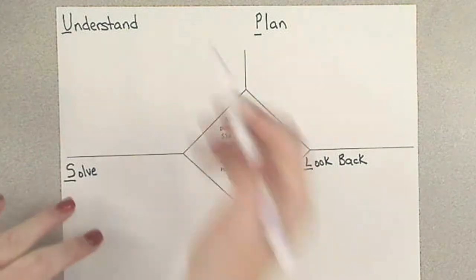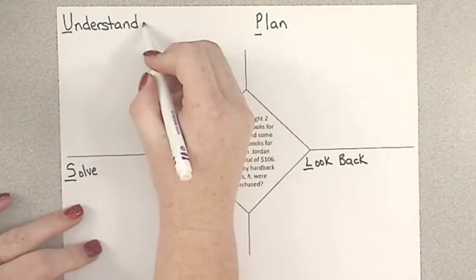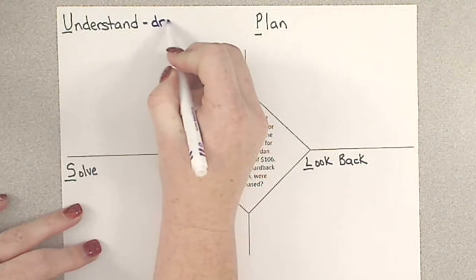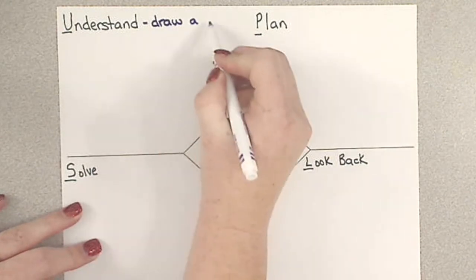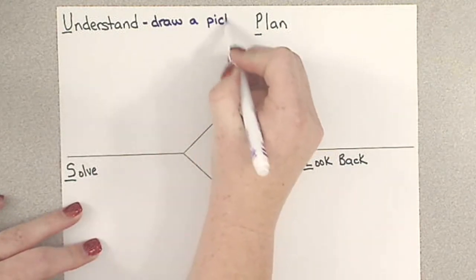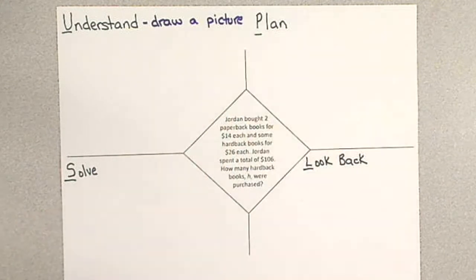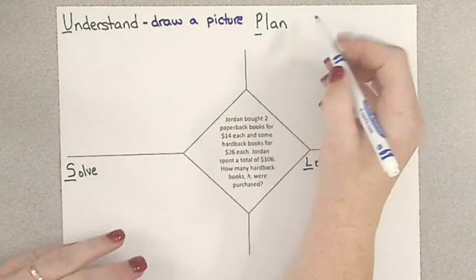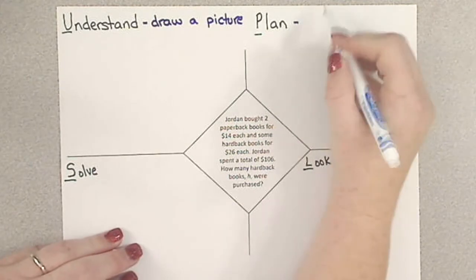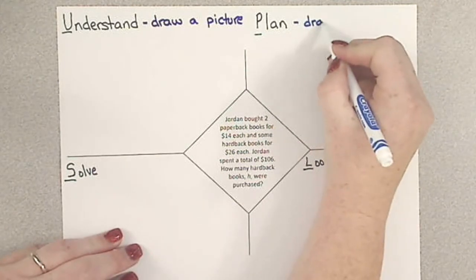So with understand, this means that you are going to draw a picture. Pretty straightforward. The P for plan means that you are going to draw a model.